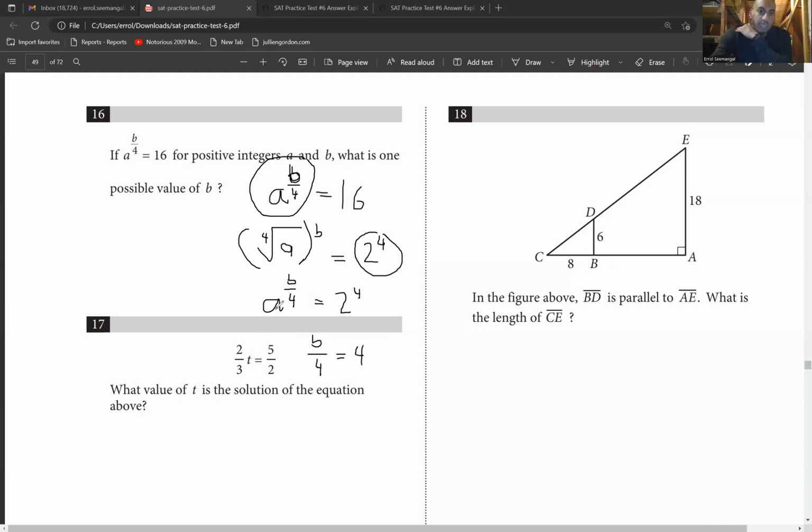That's assuming A is 2, right? What if it's not 2? So B would be 16 here? Yeah. That's assuming A is 2 though, right?